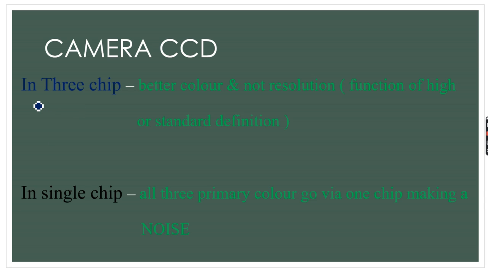Why is it important? How is it helpful? The 3-chip camera has nothing to do with image resolution. So one of the MCQs could be this: the 3-chip camera is everything to do with the color of the image.